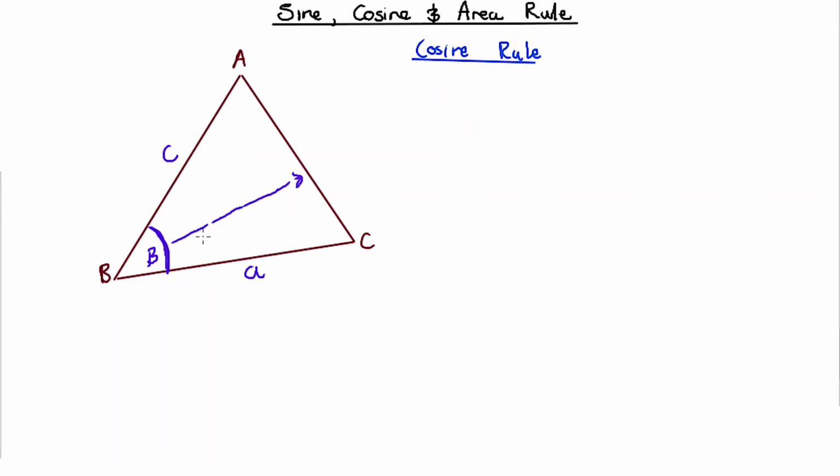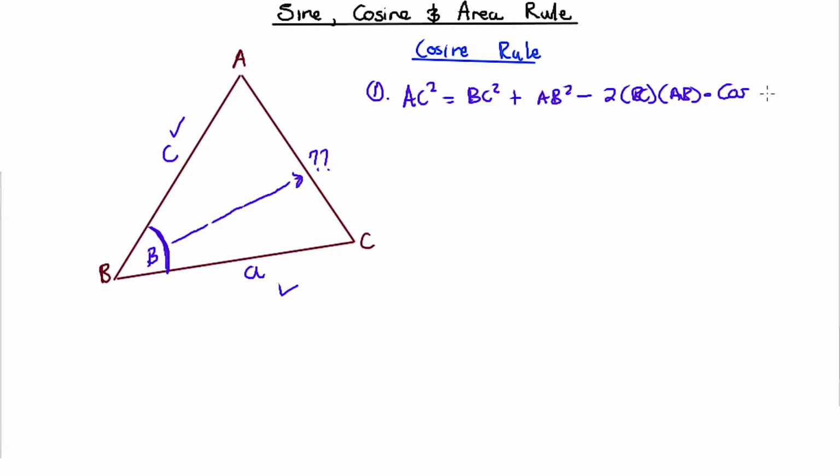So here I'm given beta, I should be given this side as well as this side in order to calculate AC. So AC, according to the cosine rule, is: AC squared equals BC squared plus AB squared minus 2BC multiplied by AB multiplied by the cos of the given angle, which is beta in this case.